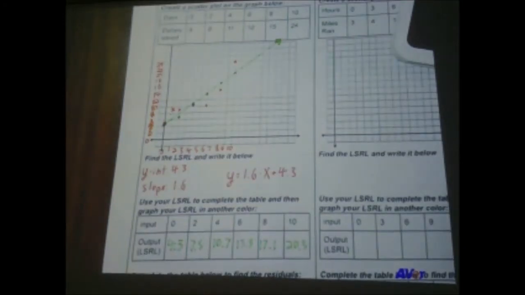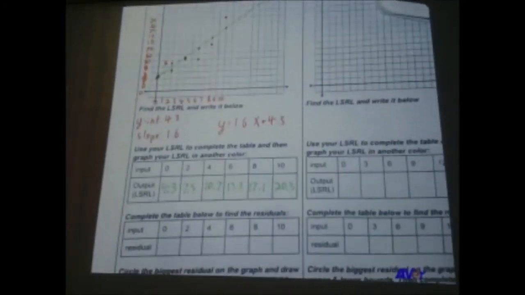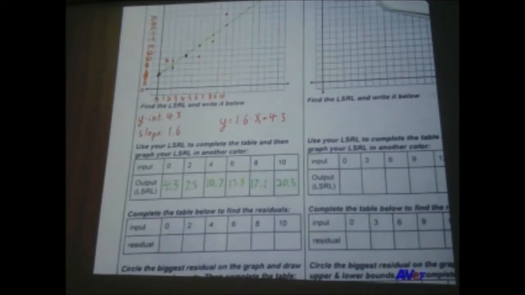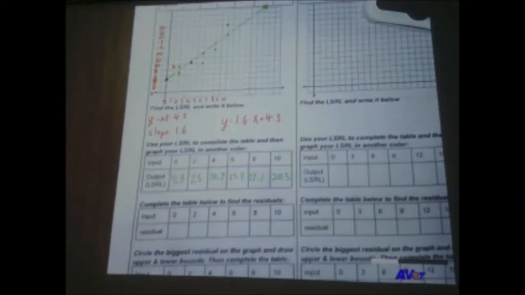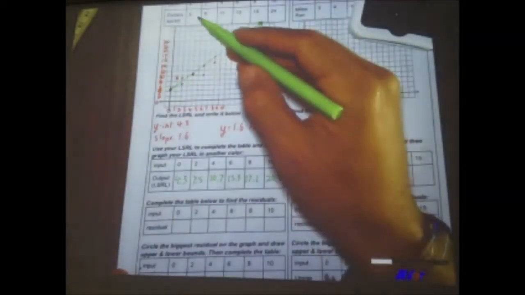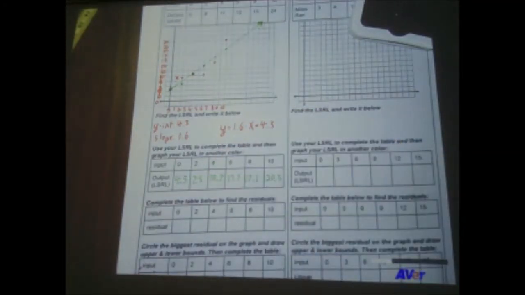And the last part, or second to last part I should say, complete the table to find the residuals. So the residual, as we remember, is the actual data minus the estimated data. This is our actual data, this is our estimated.